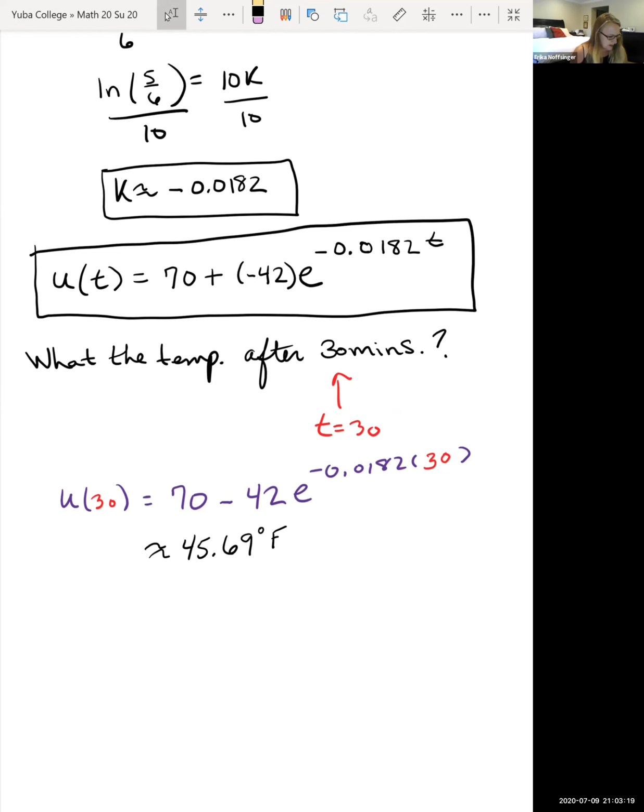And then they wanted to know how long will it take to reach the temperature of 45 degrees Fahrenheit.